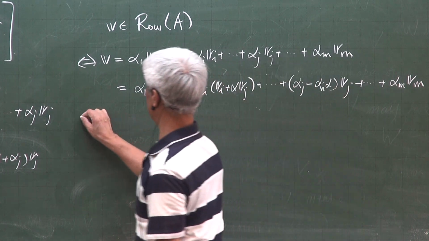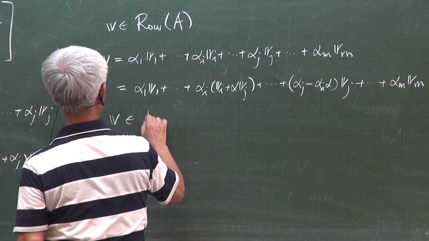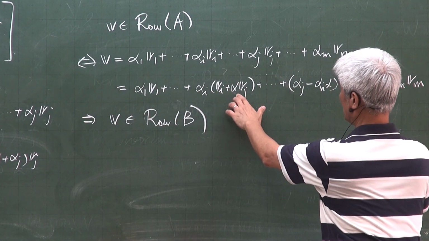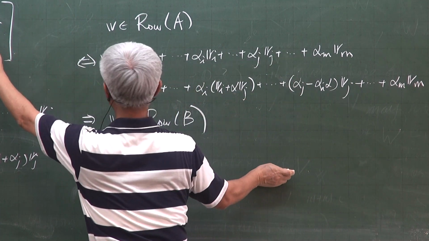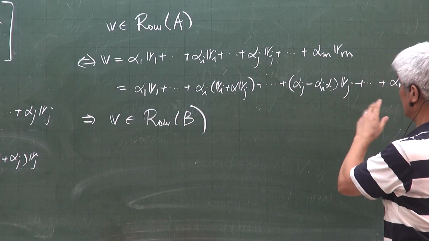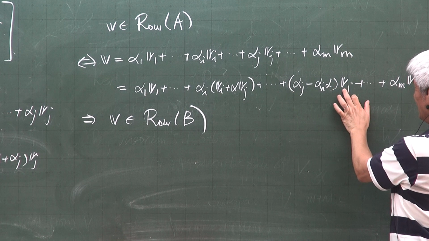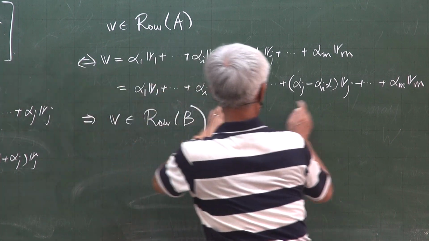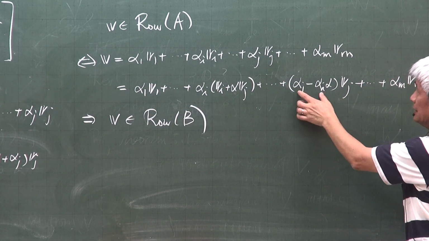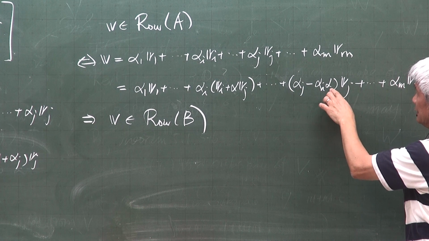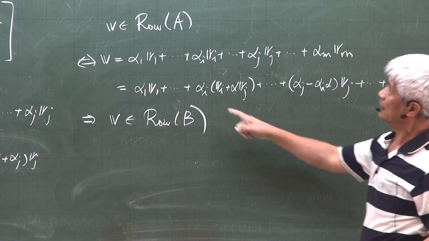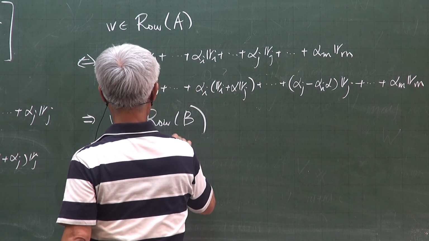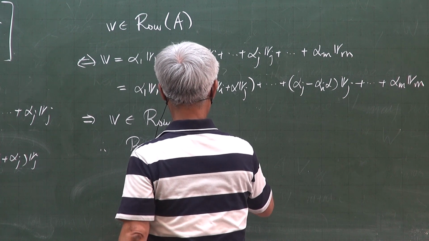From here you see that V is in the row space of B, because Ri plus alpha Rj is the ith row of B, Rj is the jth row of B, and alpha j minus alpha i alpha is also a scalar. So the row space of A is contained in the row space of B.